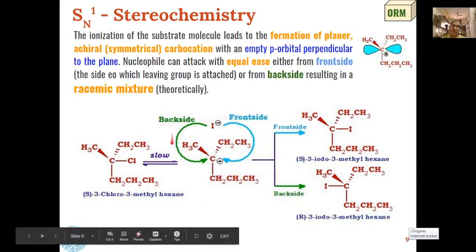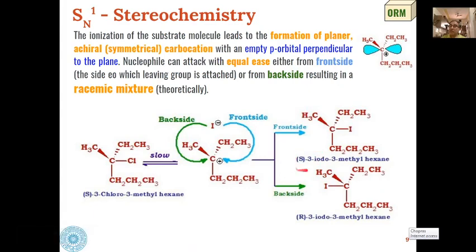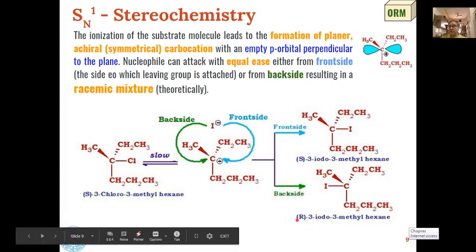So when there is equal ease of formation of S product and R product, that means 50% of this will be formed and 50% of this will be formed.